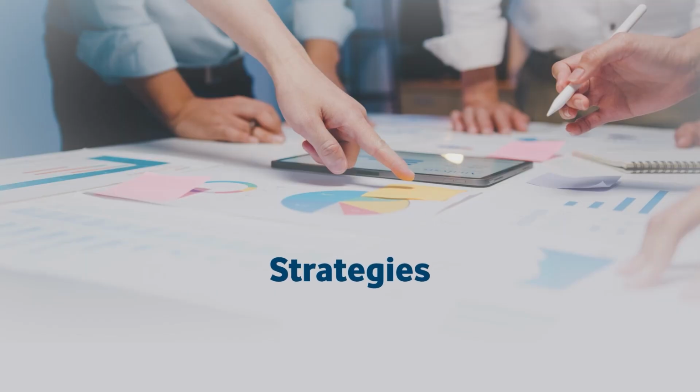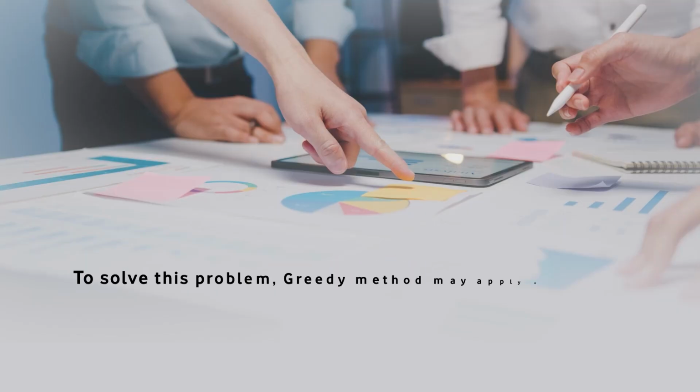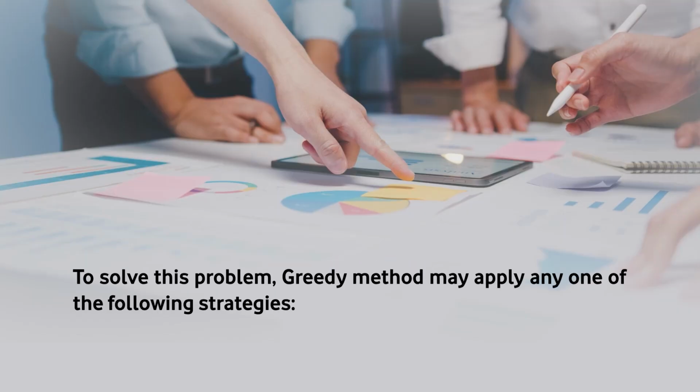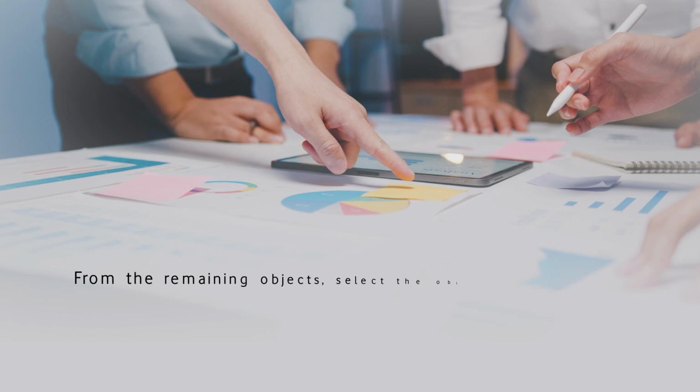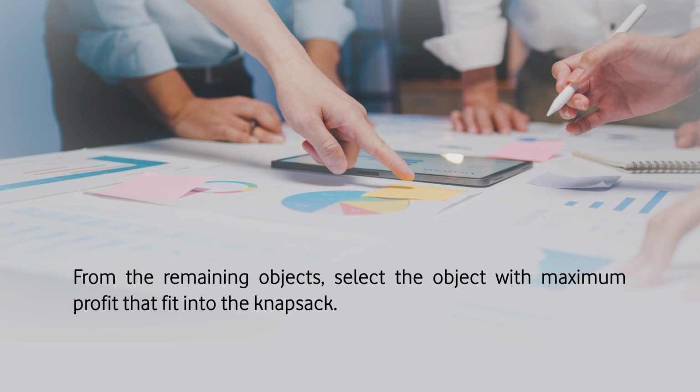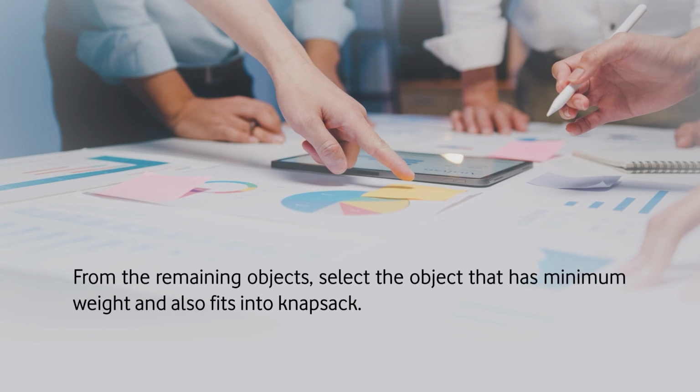Now check. There are 3 strategies with which fractional knapsack works. First strategy is that you select the object which gives you the maximum profit. Next strategy is that you select the object that gives you the minimum weight.